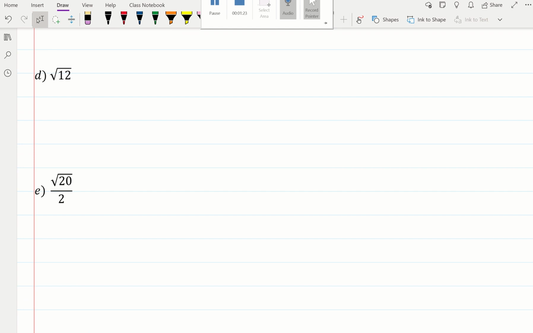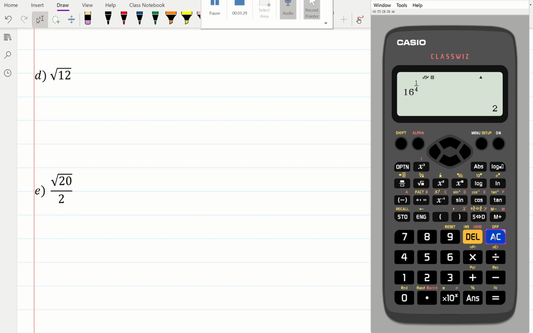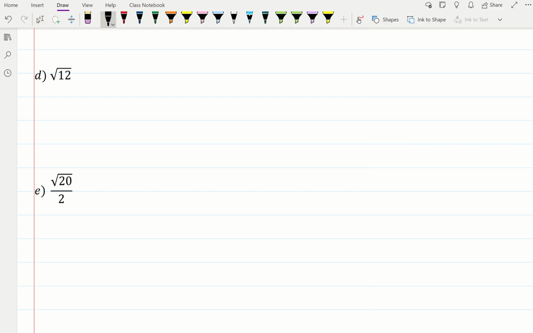Now, how do you simplify root 12? Sometimes they can be very prescriptive and ask you how to do that. A good way to check, at least, is to put it into your calculator, and you'll see that root 12 is equivalent to 2 root 3. Well, how did we get there? You would get there by listing the factors of root 12, and all the factors are written as roots.